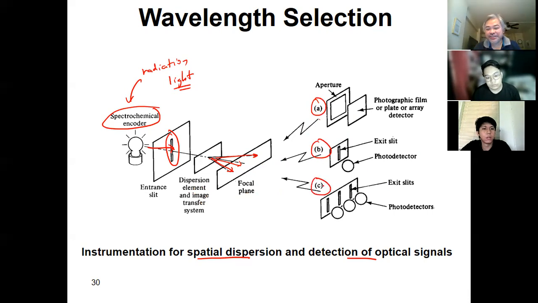So what's the difference? Here you might have an aperture, and a photographic film or plate or array detector. On the other hand, you can have an exit slit and a photodetector. And on the third setup, you can have several exit slits and several photodetectors.